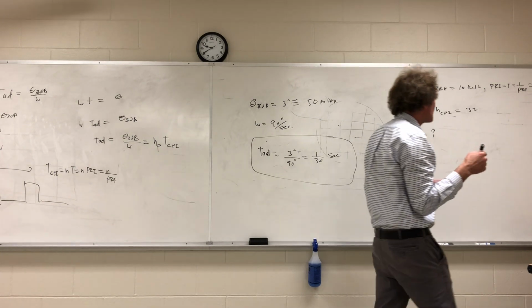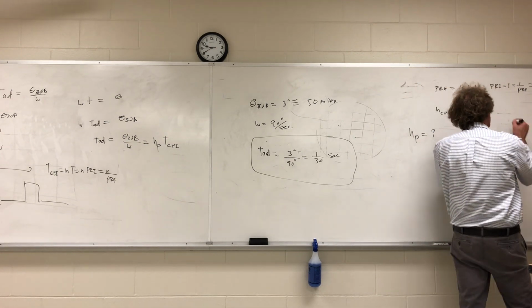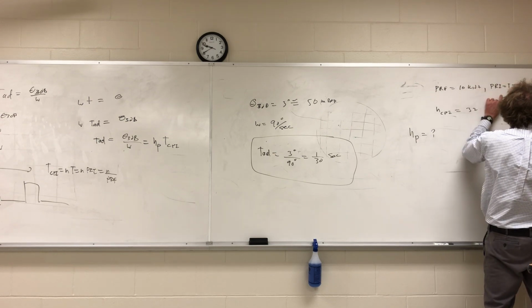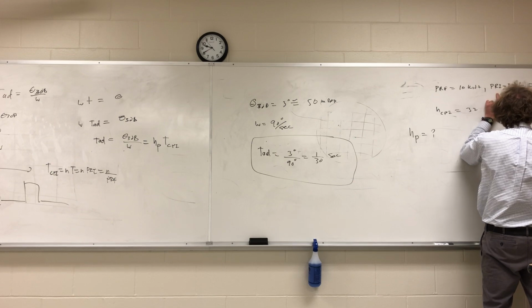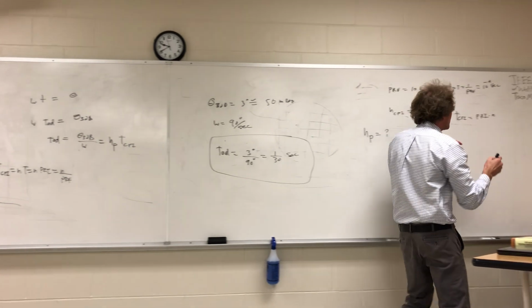Next thing I have to do is figure out what the length of time in a coherent processing interval is. And that's going to be the PRI times the number of pulses in the coherent processing interval. That's 32.